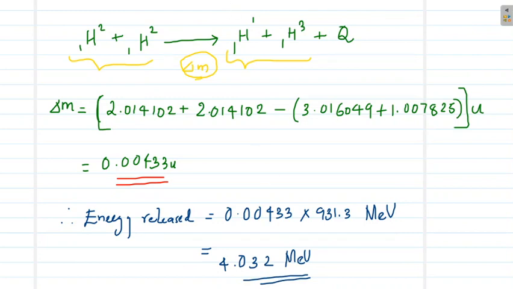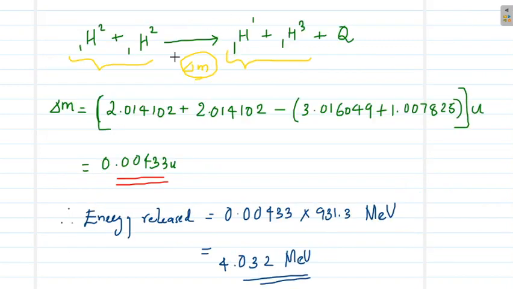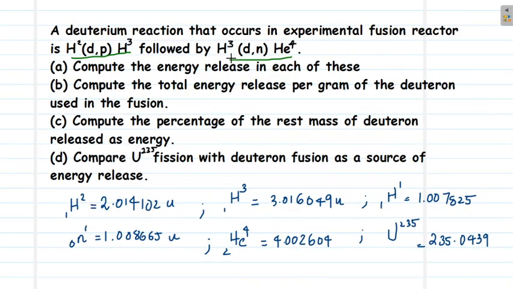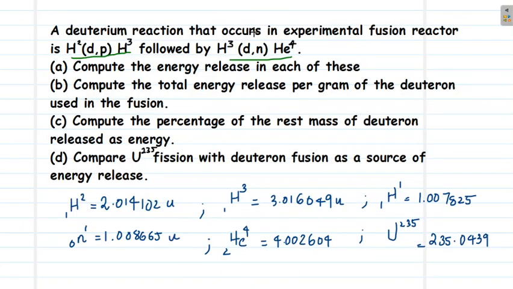Now moving on to the second reaction. Can you try to write the second reaction in this reaction format? It will look like this: the initial nuclei are 1H3 and a deuteron, and they will be reacting.